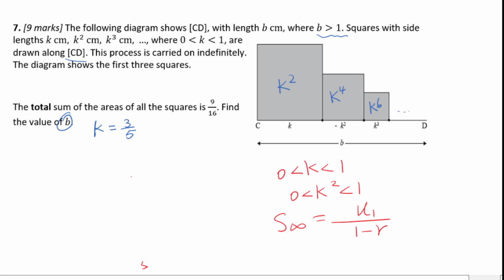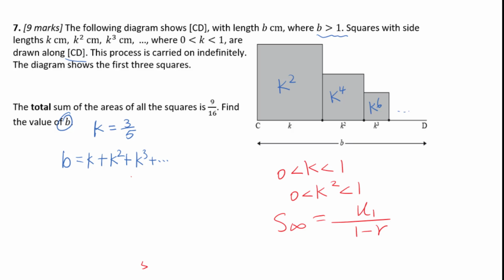From this diagram, we know b is the sum of k plus k squared plus k to the 3rd power, and so on. Basically, b is an infinite geometric series. This time, the first term equals k.